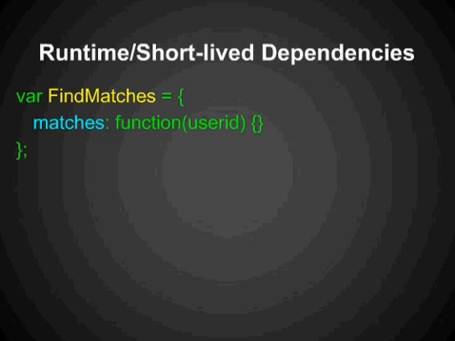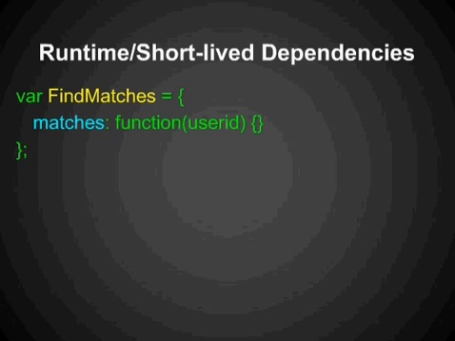I want to let the user pick how to find matches that are relevant to him. And the user, say, has three choices. He could choose matches that are closest to him in distance. He could choose matches based on shared activities, maybe they like to run, or he could pick based on likes: is your set of likes the same?